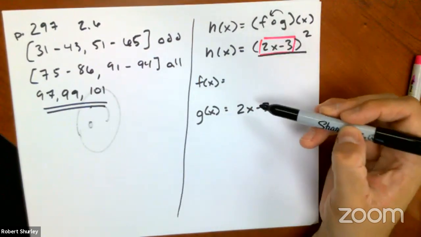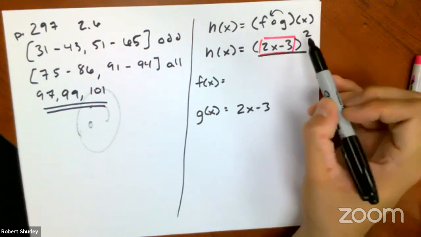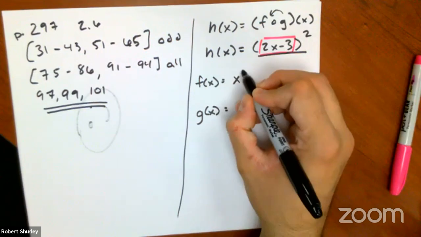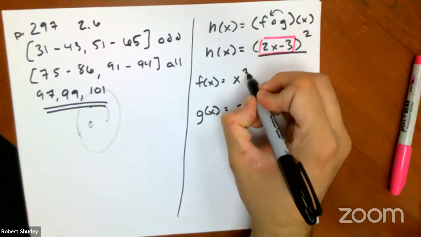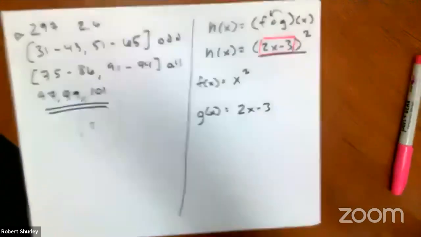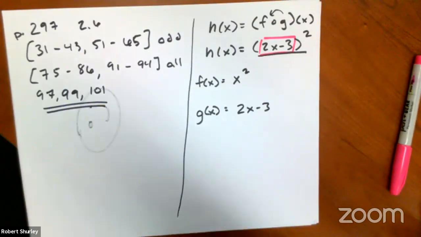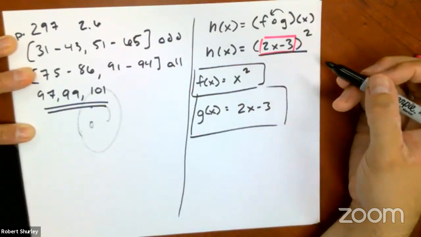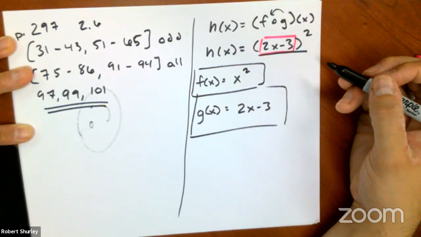Now, if 2x minus 3 is my inside function, think if I want to create this equation, I've got to plug it into x squared, right? If I plug this into x squared, I would get (2x minus 3) squared. So these are my two answers. It's two answers really on these functions.